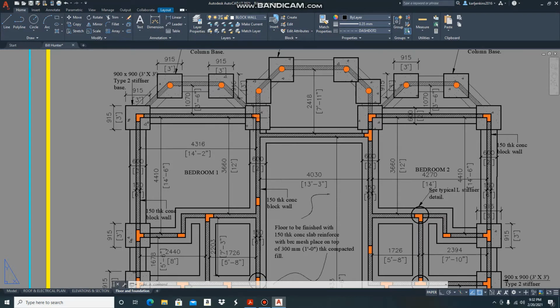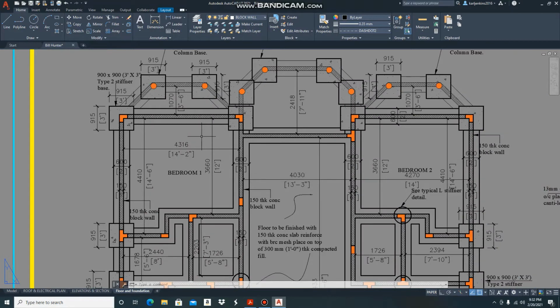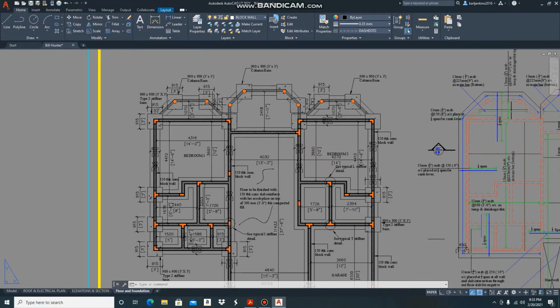And your dimensions must correspond with the dimensions on your floor plan. Similarly, your stiffener layout and placement must be consistent with the stiffener layout on your floor plan. In the event that the architect or the draftsperson has a stiffener layout on your floor plan, it must be consistent with, or the same as, what is indicated on your foundation plan.